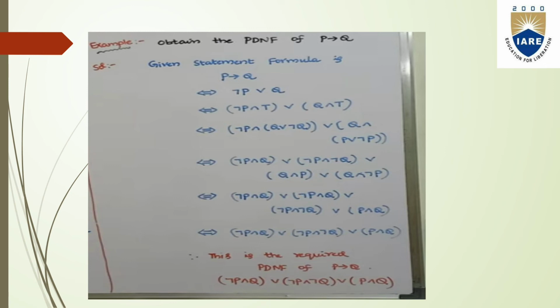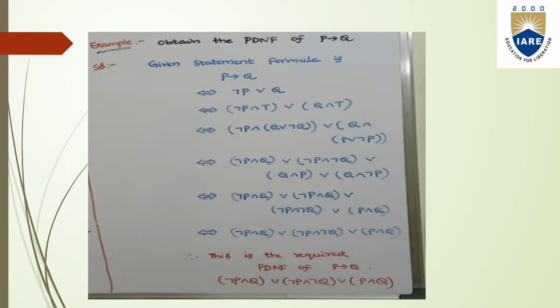After applying the distributive law, the equation will be negation P and Q, or negation P and negation Q, or Q and P, or Q and negation P. Here we are going to eliminate the similar terms, that means the same terms. In the next step, if any terms are identical, we are going to write them only once.